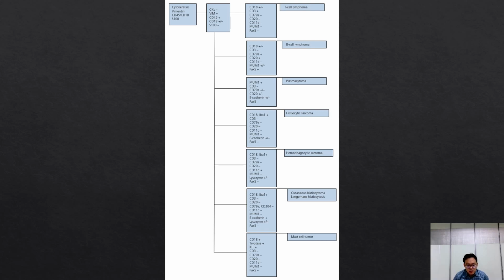Here's an example of cell markers commonly used in the diagnosis of different round cell tumors. This includes T cell lymphoma, B cell lymphoma, plasmacytoma, or histiocytic tumor. We can use these cell markers to help us differentiate among them.